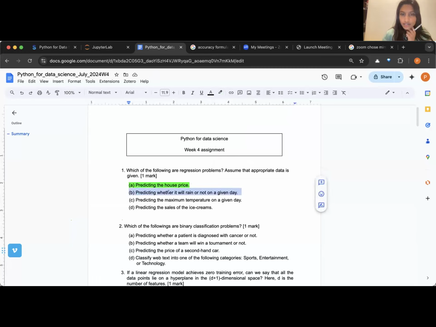Predicting whether it will rain or not in a given day, that is not a regression problem. So this is no. Maximum temperature in a given day, again, it's a continuous thing, so yes, it is a regression problem. Predicting the sales of ice cream, again, that is a regression problem because any number of sales could have happened.